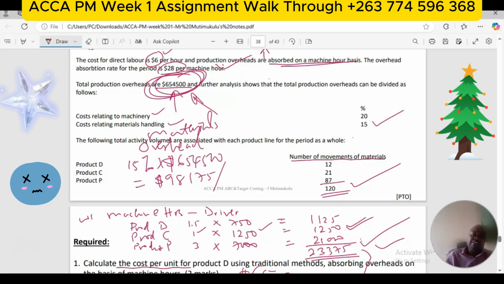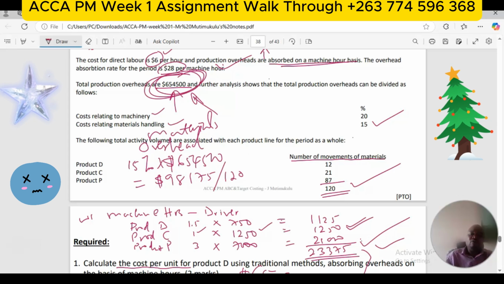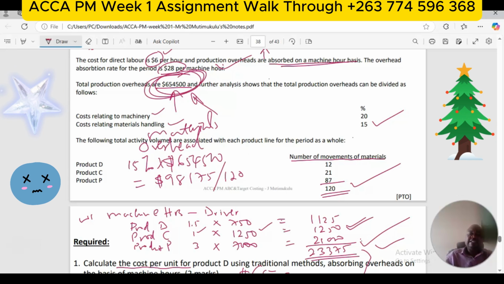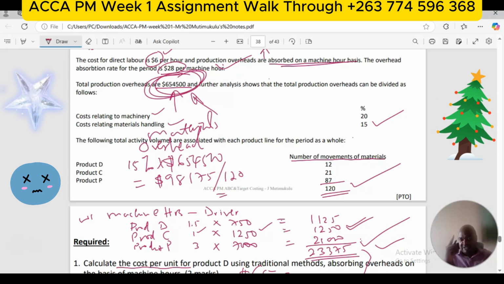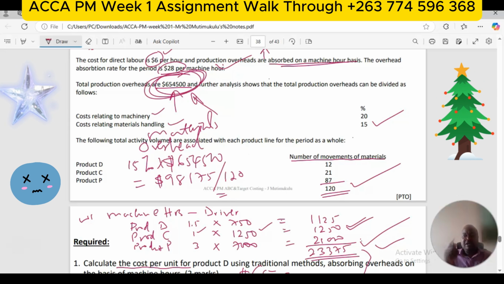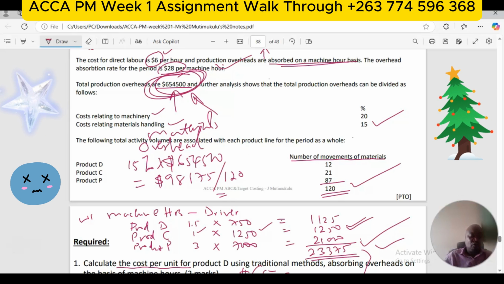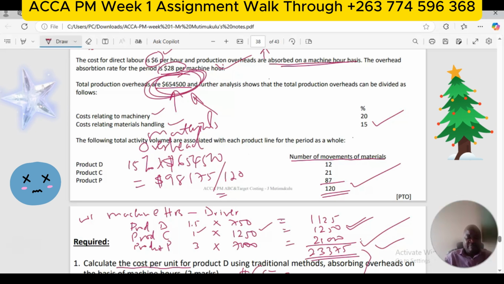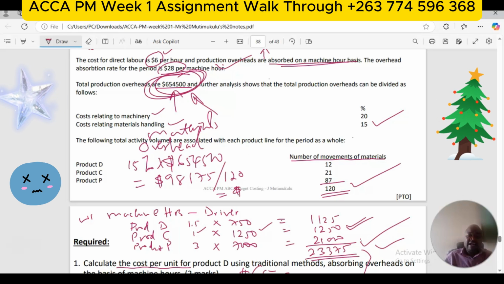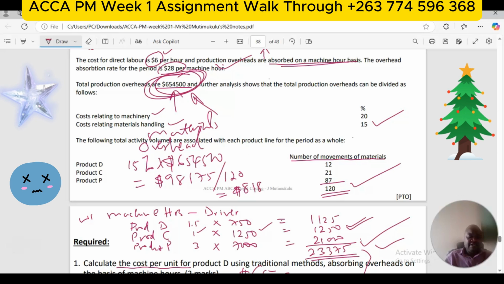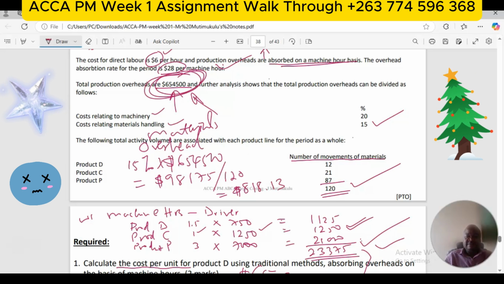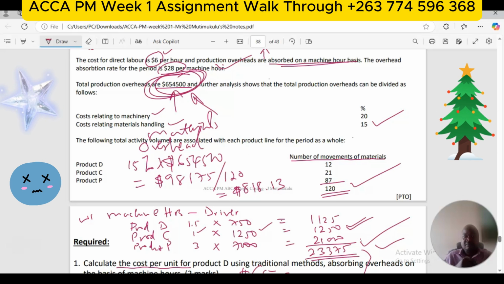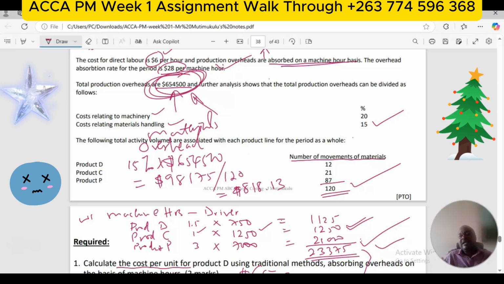So we need to divide this figure by 120 movements to get the cost per material movement. So that's 98,175 divided by 120, and we are going to get $818.13.